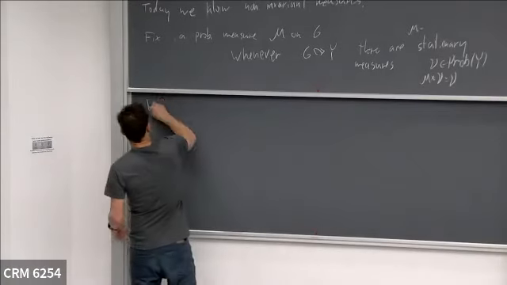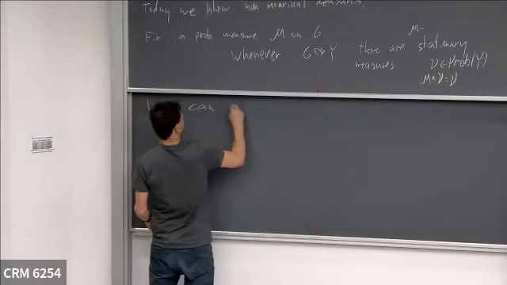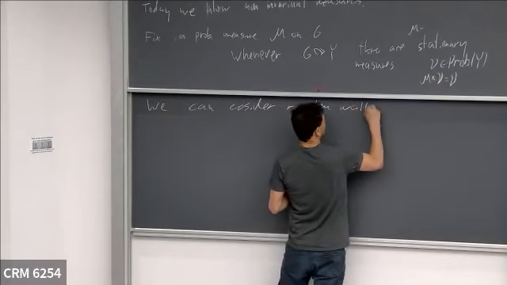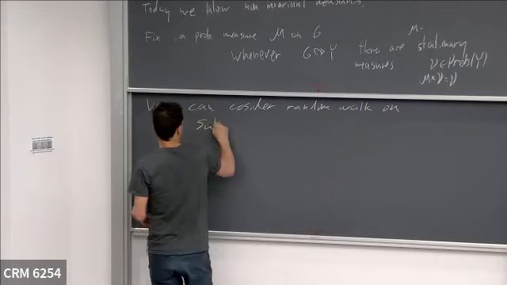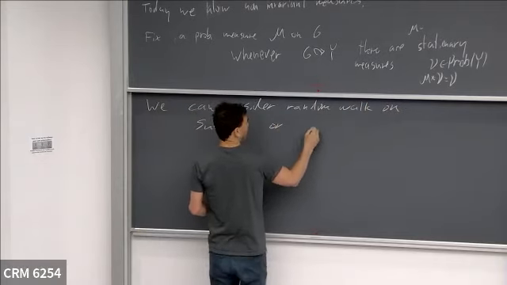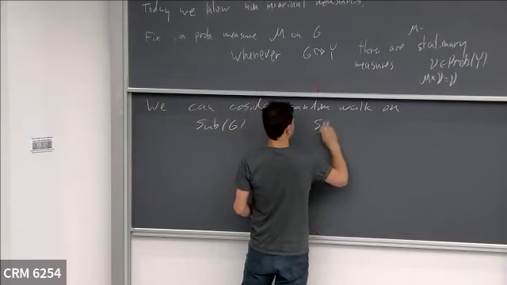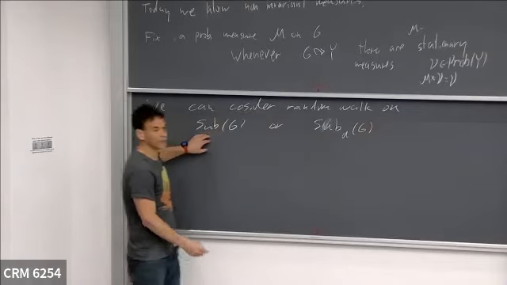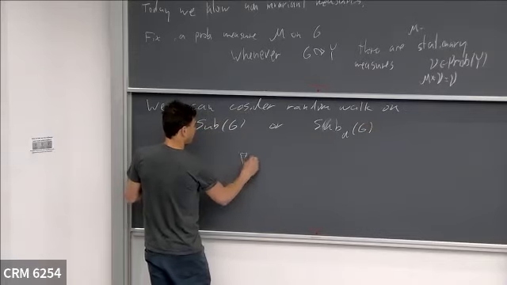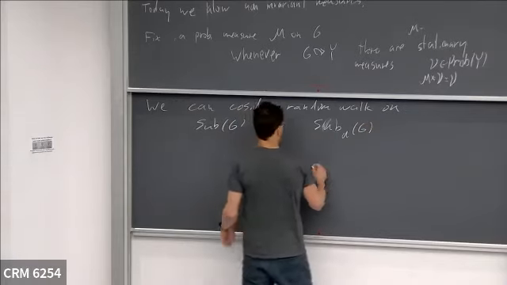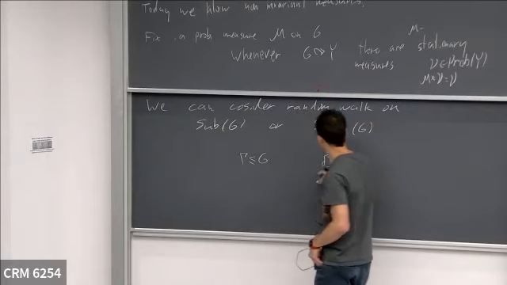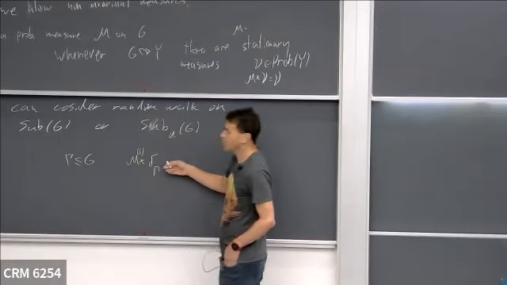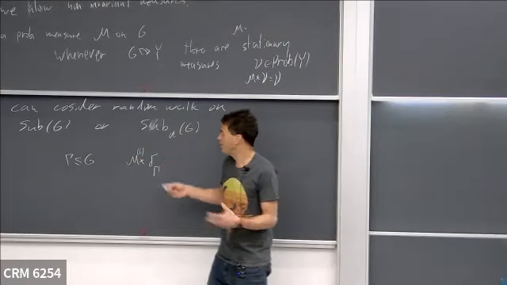So you can start with a discrete subgroup gamma in G, look at the Dirac measure supported there, and then convolve this measure with mu many times, and you get a random walk.